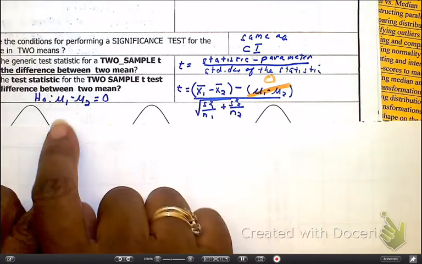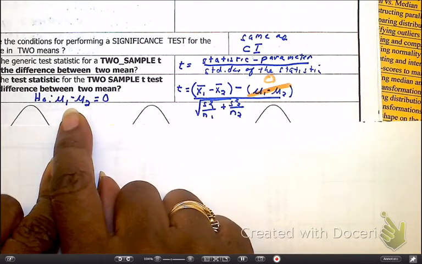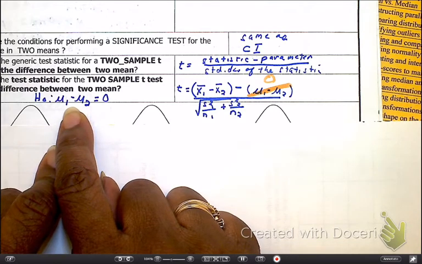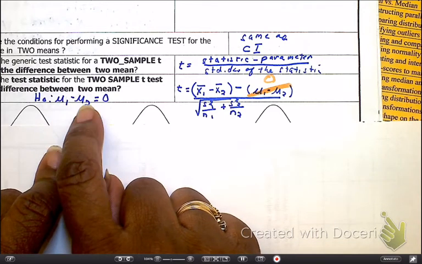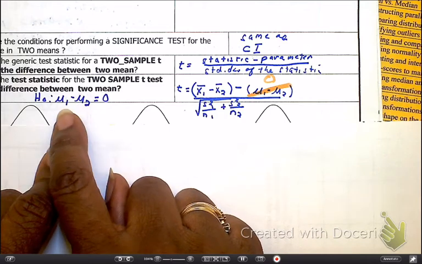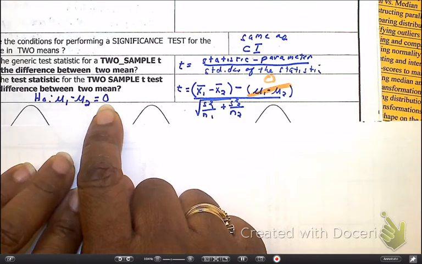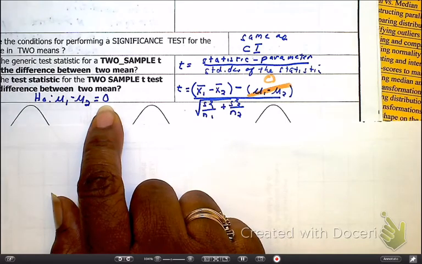Next, please understand that this is based on the idea that our null hypothesis is the difference between the two means, and we're saying that it equals 0. Remember what equals 0 means? It means that it's no difference.